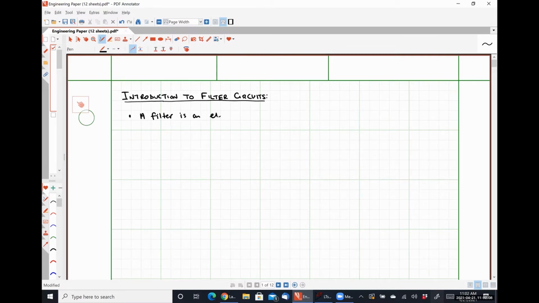A filter is an electrical circuit that is used to accept or pass certain frequencies and reject or stop all other frequencies.